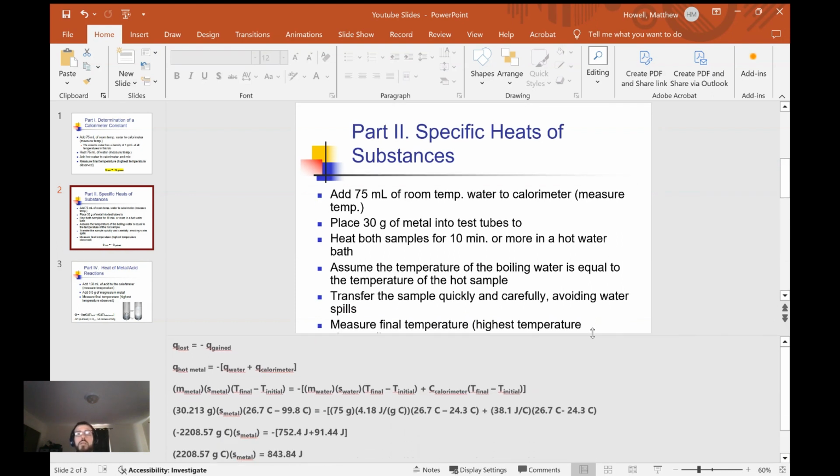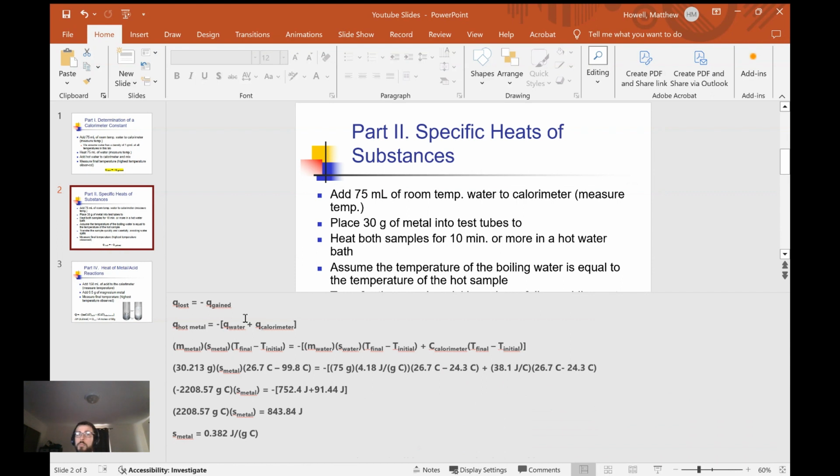And again, we can set up this problem with this same equation, that which is lost must be equal and opposite to that which is gained. And in this case too, instead of hot water, we still have a hot metal that is giving off heat. And what will gain the heat is, again, going to be cold water and the calorimeter.